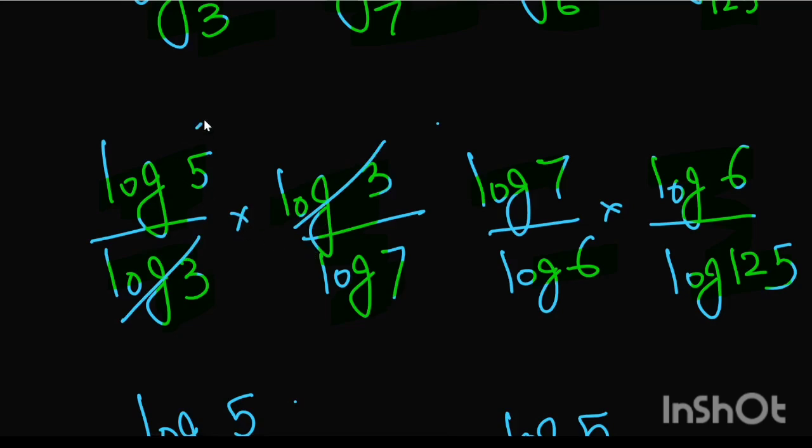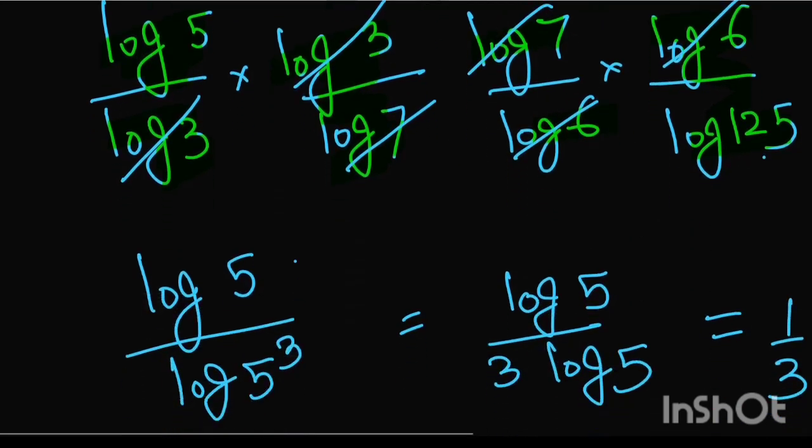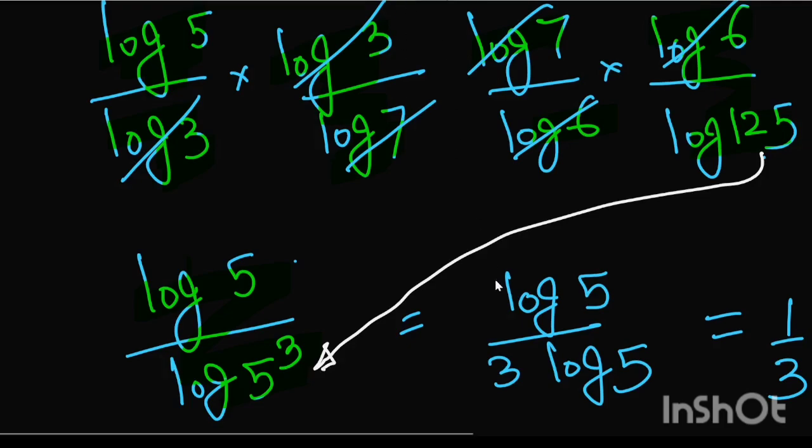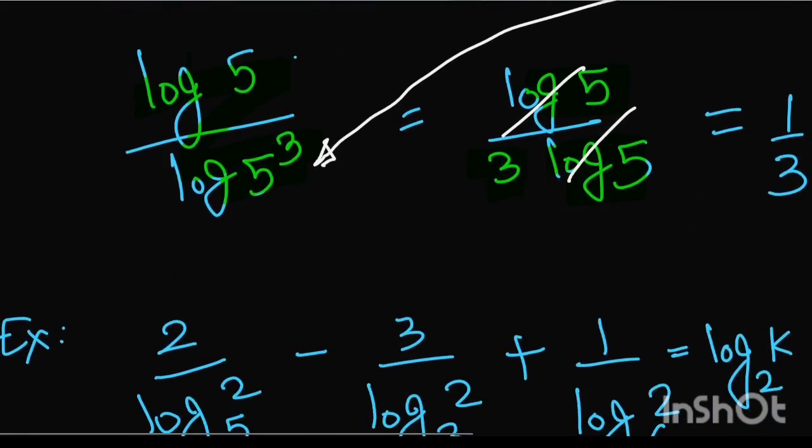They will cancel out. Log 5 won't cancel out now because 125 is there. Log 7, log 6 cancel out. So we are left with log 5 by log 125, which is written as 5 cube. So 3 will come down using log m to the power n. Log 5 cancels out, leaving us with 1 by 3 as the answer.